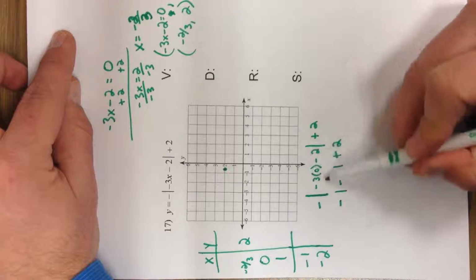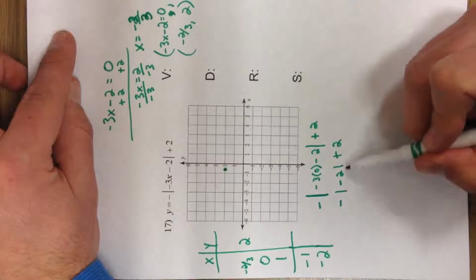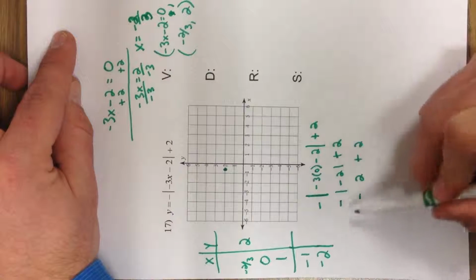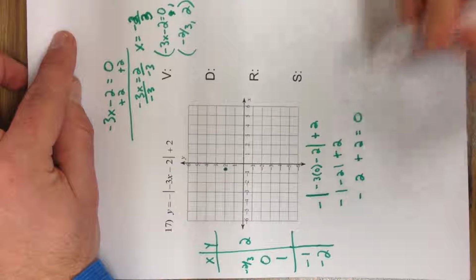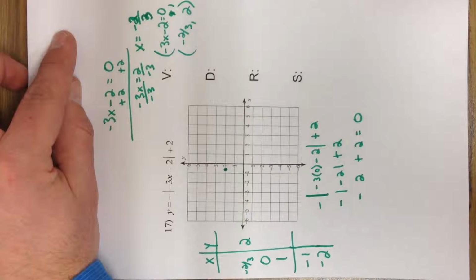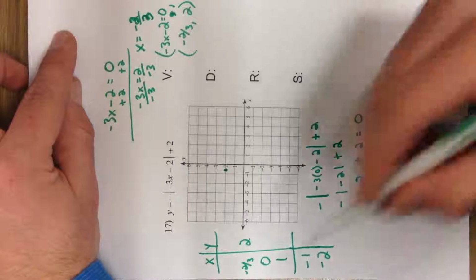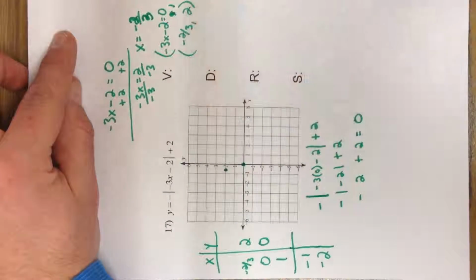When you subtract, you get the absolute value of -2, which is 2. But we still have this negative sign out front, so that makes -2, and that makes 0. So not the easiest thing to plug in and evaluate, but if you keep everything straight, you'll be good. So it looks like it's there, 0, 0.